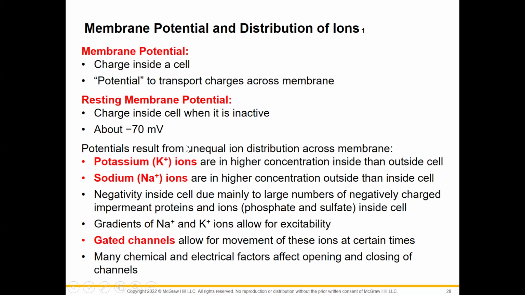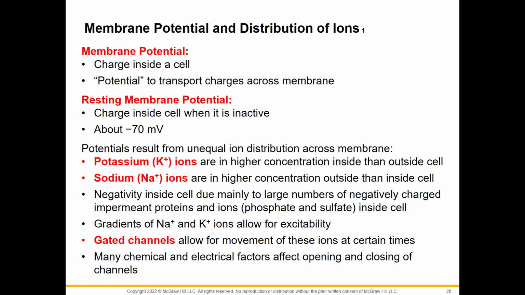Potentials result from unequal ion distribution across the cell membrane, which we talked about previously. That is what we're calling polarity. You have potassium ions, which are indicated by K+. You have sodium ions, which are indicated by Na+. The potassium ions are higher on the inside of the cell than on the outside.